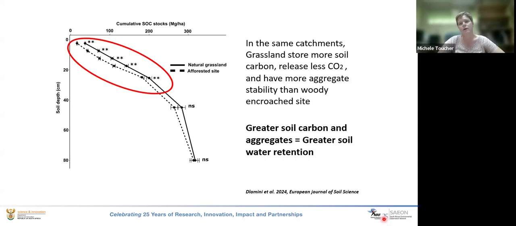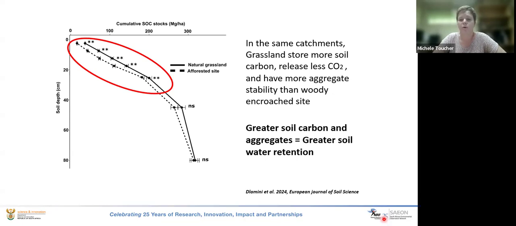And the aggregate soil stability is greater in the grasslands than what it is in the woody encroached site. So despite the sort of international influence around planting trees and allowing woody species to come in for carbon sequestration, what Lindo showed quite clearly is that the grasslands actually had greater soil carbon storage, and they were releasing less CO2 than the woody encroached site.